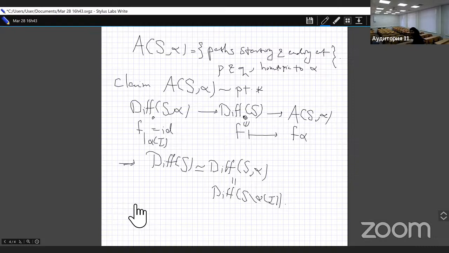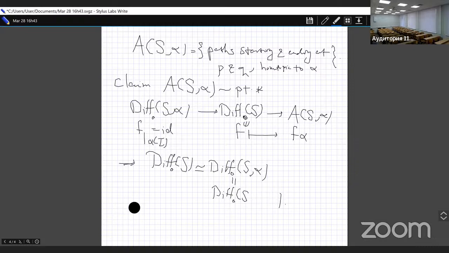Hold on. S minus alpha of I, the image of alpha, is non-compact, so cut along a line and then take the closure.